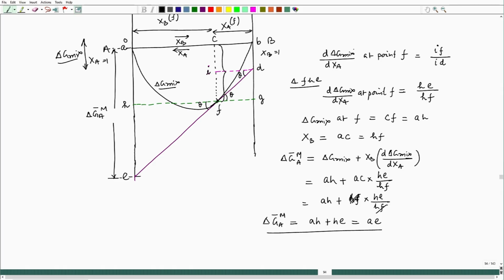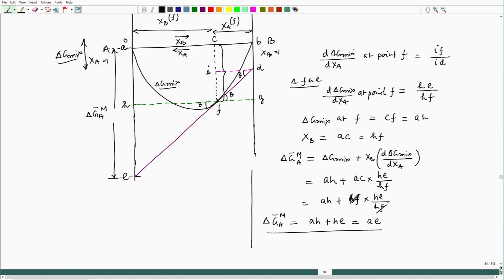Now, we also have to find out delta G B bar M. Okay. In order to find that, we will take up a similar geometric process. For that, let us see what things we can find out. So this is one part. Now, the next part, let me do it here.